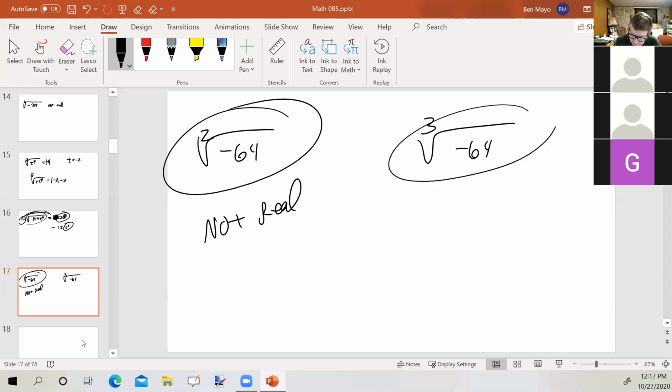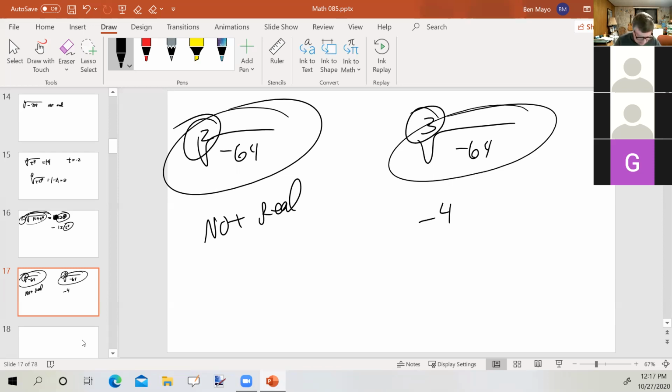How about this one? Negative 4. Good job. You can take an odd root of a negative number. You cannot take an even root of a negative number. I'm just going to keep pounding that away at you because that's a big deal. You've got to get that.